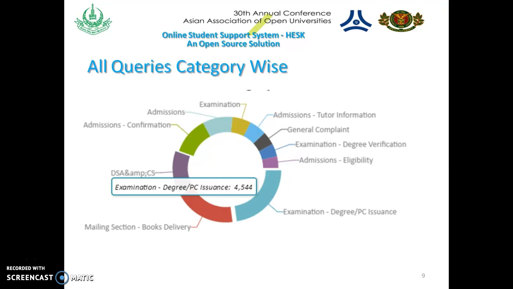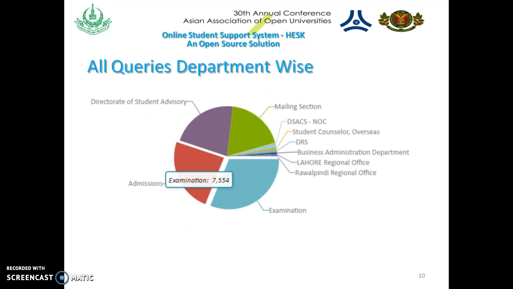And secondly, students have problems regarding the mailing section because of non-delivery of their books, and so on. In this report, it is visible that the majority of the queries belong to the examination department, and second to the admission department, and so on.